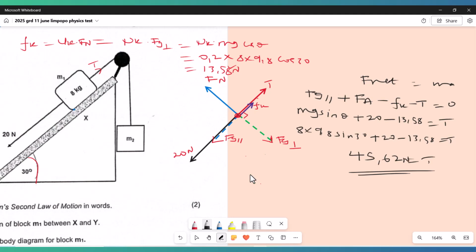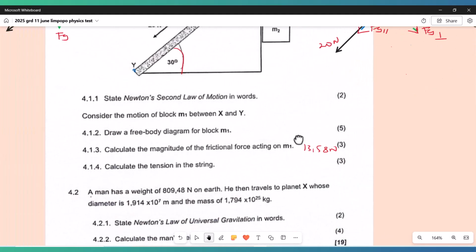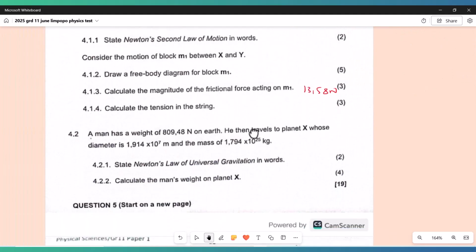Newtons. Then they said, what next now? A man has a weight of 809,48 newtons on Earth. He then travels to planet X, whose diameter and mass are given here.